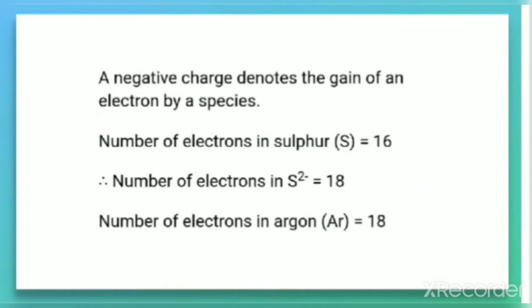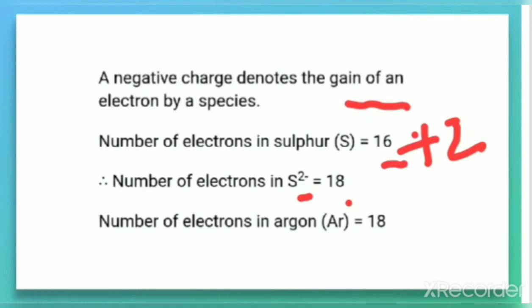Next, in the case of the sulfide ion, the atomic number of sulfur is 16. The sulfide ion has 2 negative charges, and a negative charge is formed due to the gain of electrons by the species. So it has gained 2 electrons. So 16 plus 2 gives 18.